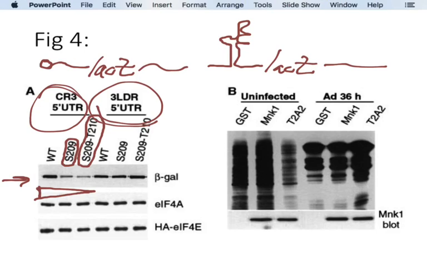This is how adenovirus is encouraging translation of its mRNAs while inhibiting host mRNA translation. We talked about on Wednesday a hurdle that viruses have to overcome is competition for translation. This is one mechanism, one of many.